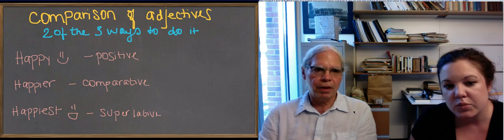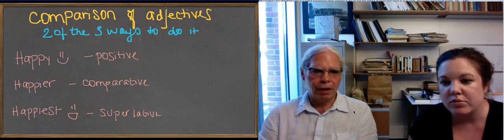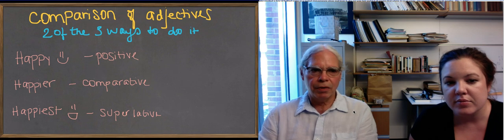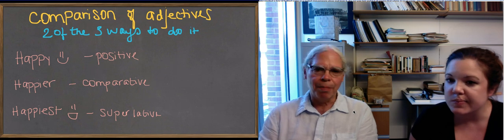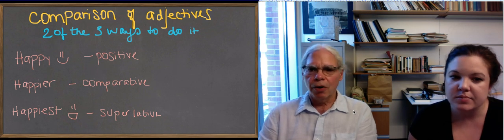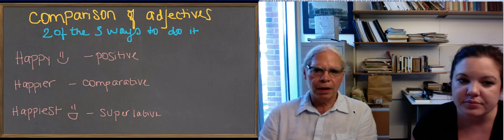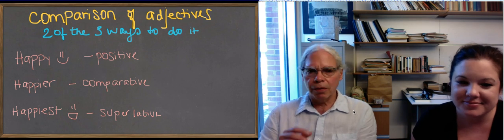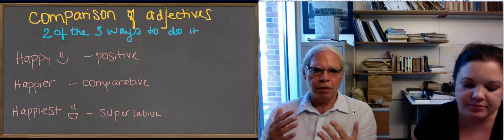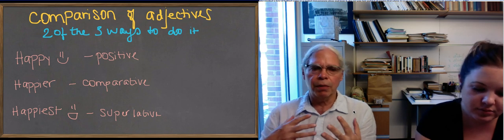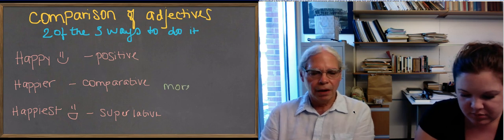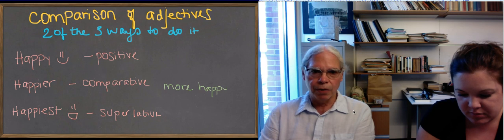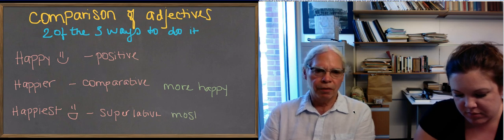So, we can do this. We can say happier and happiest as well as happy, or you can say happy and pretty happy and very happy. You can do it that way in English, or you can say happy, more happy, and most happy. So there are ways in which you can express these degrees of an adjective, and I think that's probably a better way of talking about it, the degrees of the adjective in English with adverbs like more and most, or pretty and very, okay?